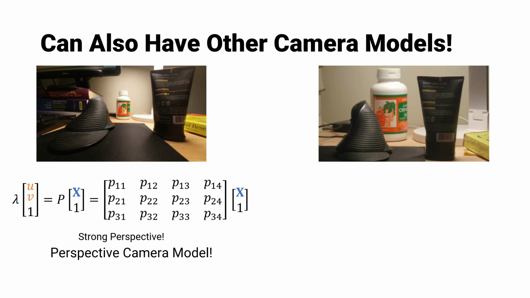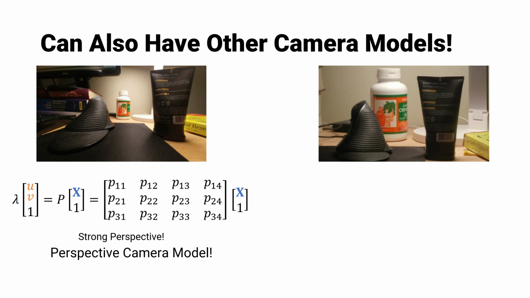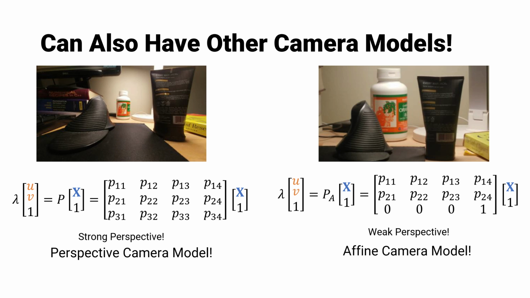But you can change the equation in this way, wherein you have something called the weak perspective, wherein the difference between the multiple object depths is not very apparent, so they look similar. And you would add additional constraints to this projection equation, where you zero out the bottom row here, right? So this is called the affine camera model.